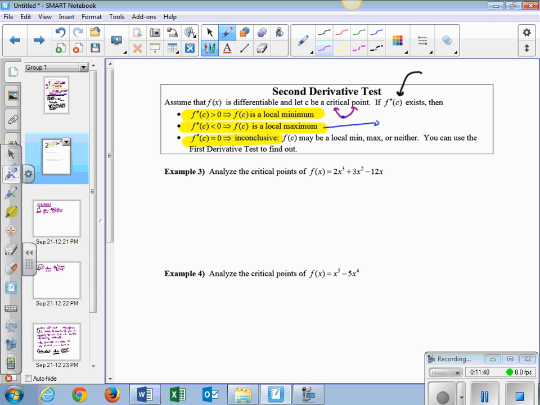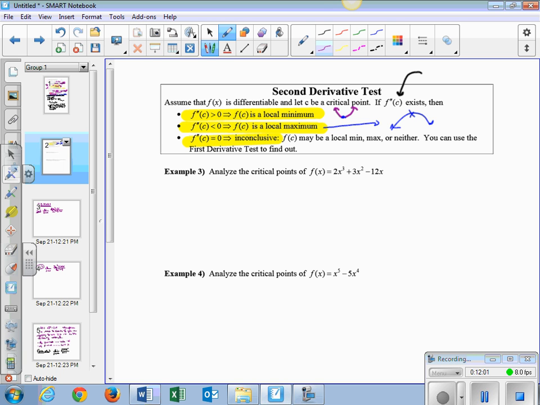Looking at this part right here, if my second derivative is less than 0, I know I have concave down. Since it's a critical number, we know it's possibly a max or a min, so it's going to be up there at the top, so that would be a local maximum. So that's how the second derivative test kind of works. That's a nice little visual for you.